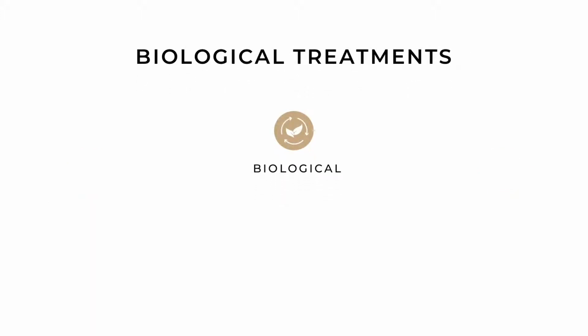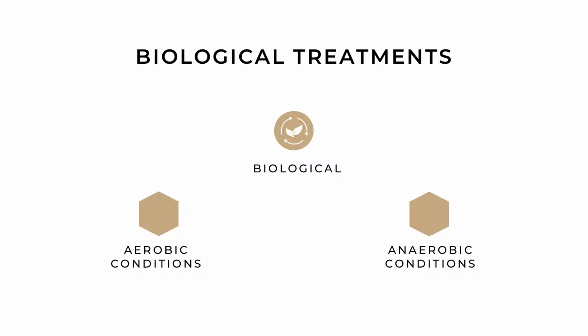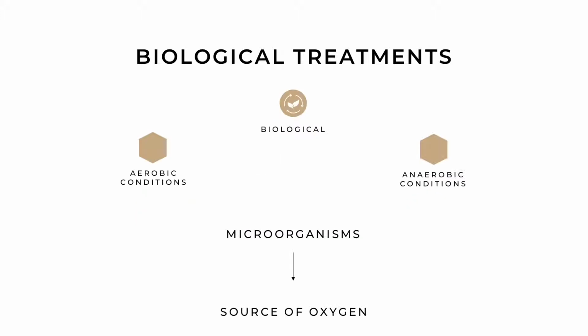Because of the key role of biological treatment in other treatment processes, it is key to understand the differences between biological treatment under aerobic and anaerobic conditions, so with and without the supply of gaseous oxygen. Keep in mind that under both aerobic and anaerobic conditions, the growing and reproducing microorganisms or bacteria which degrade the organic matter require a source of oxygen to survive, exactly like we do.